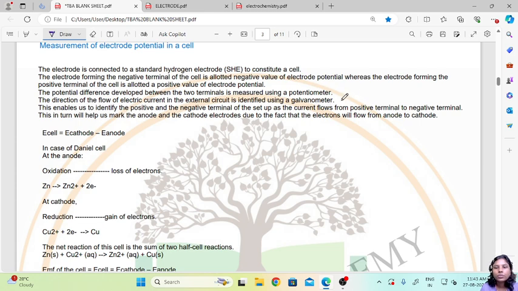So the current flows from the positive terminal to the negative terminal. This in turn will help us mark the anode and the cathode electrodes due to the fact that the electrons will flow from the anode to cathode. So if the current is flowing from cathode to anode, it means that the electron flow is reversed, so it will go from anode to cathode. So E cell is calculated as E cathode minus E anode.